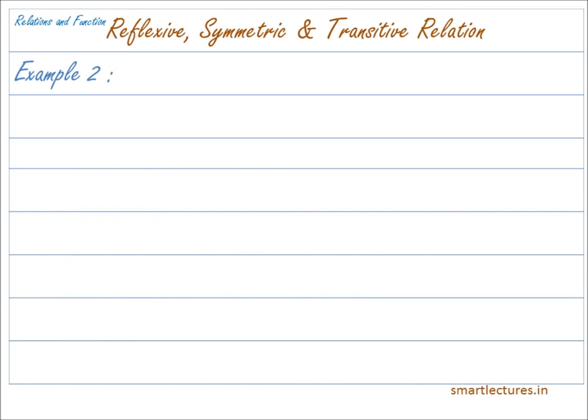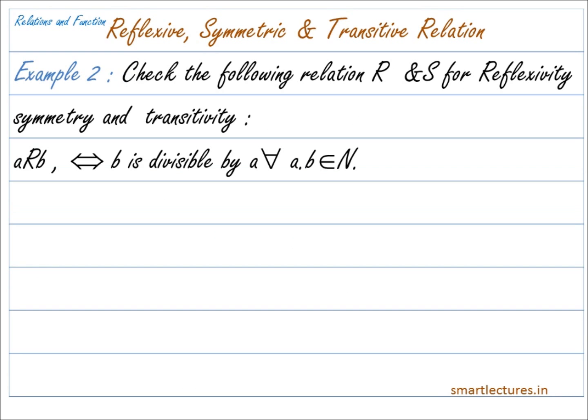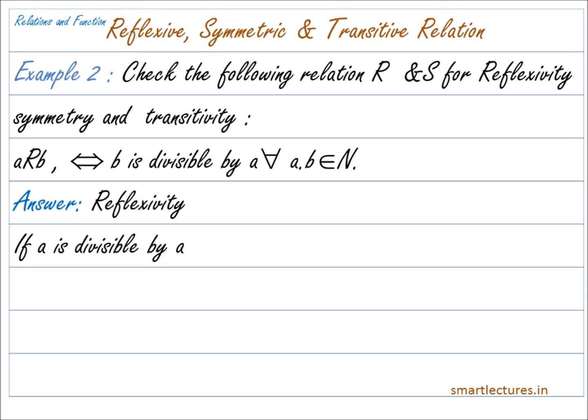Let's solve one more example. Check the following relation R for reflexivity, symmetry, and transitivity. a is related to b if and only if b is divisible by a, for all a and b belonging to natural numbers. This relation will be reflexive if a is divisible by a.